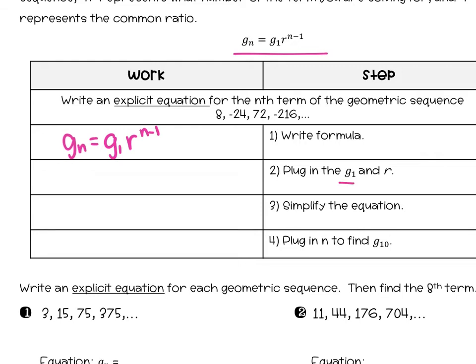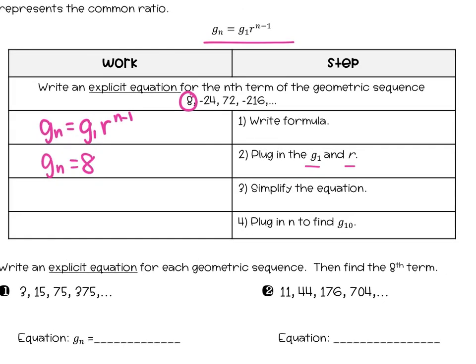So it says plug in G1 and R. Well, Gn I leave the same. G1 was 8, that's the first one. And then you do not want to just attach the ratio. So let's look back at that real quick. In this case, 8 times what is negative 24, and that is negative 3.